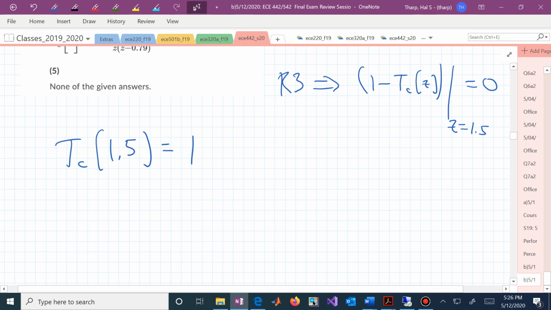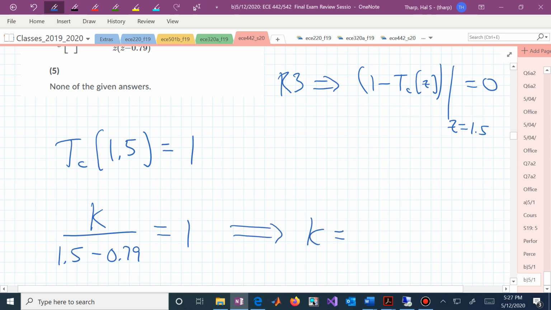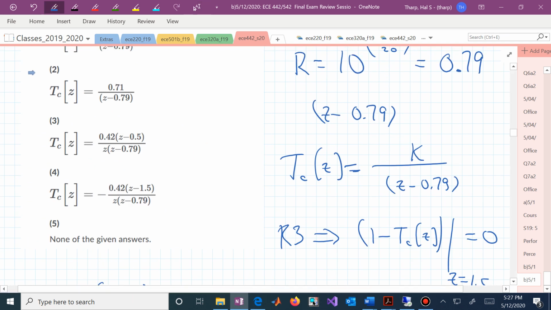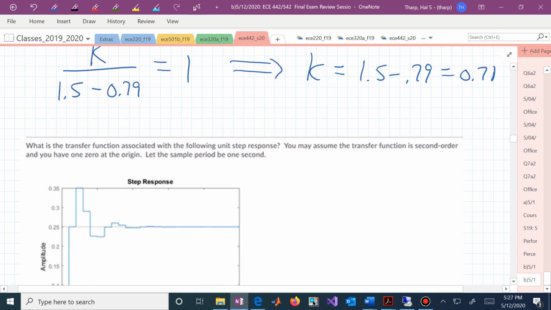So we have k, and now we replace z with 1.5. Our pole was at 0.79, and we need that to equal 1. K now needs to be 1.5 minus 0.79, or 0.71. That's now this with k equal to 0.71, and in fact that's what that particular answer indicates.